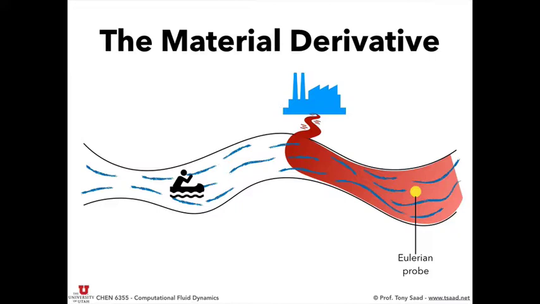So what is the profile measured by this person over time? So this is C Eulerian, and this is C boat or Lagrangian, okay? What is the concentration measured? If we start here, this is T0. We're starting here.